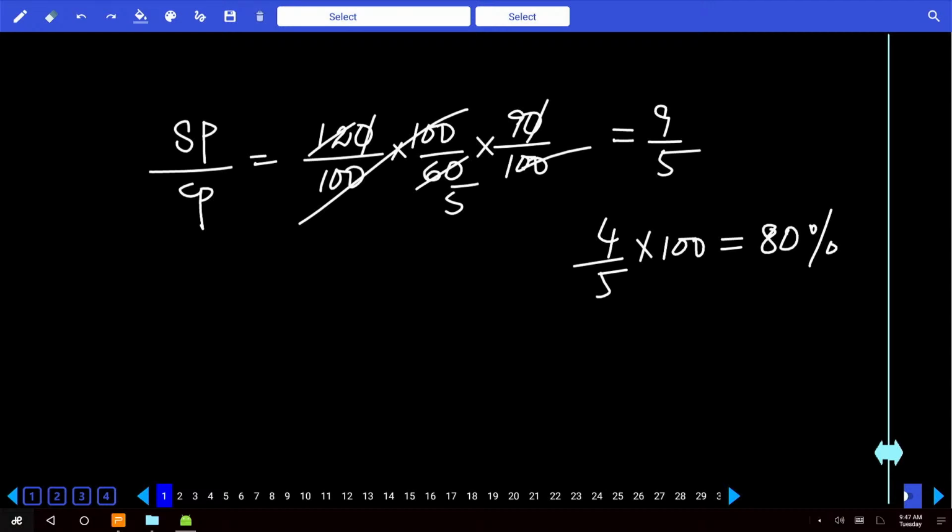Next. A man purchased some number of articles at 5,400 and he sells 2/3 of them at 5% profit. At what percentage of profit did he sell the remaining to gain 13% overall?